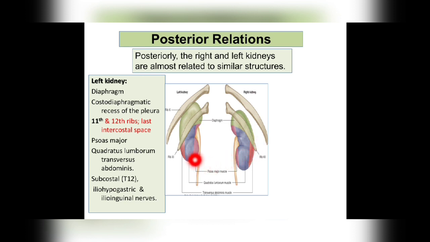So in this diagram we can see this is psoas major and quadratus lumborum, this is transversus abdominis, this is the 11th and 12th rib, and this is the diaphragm.